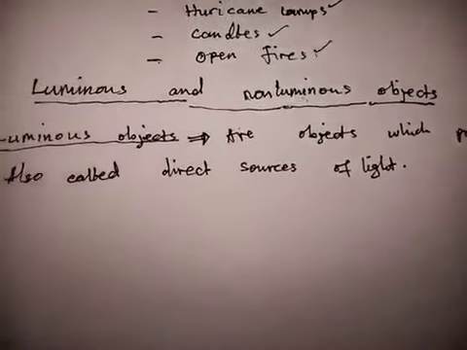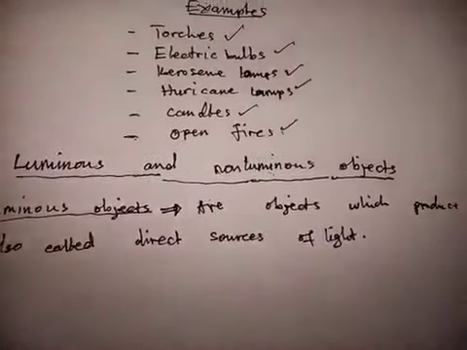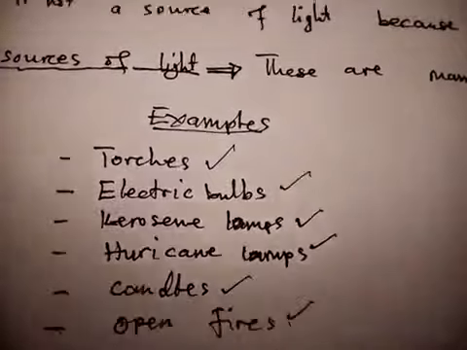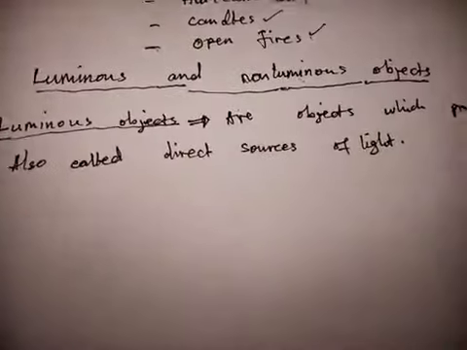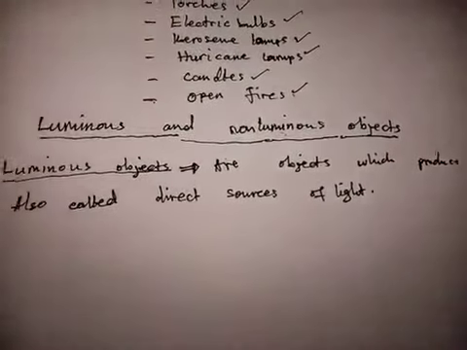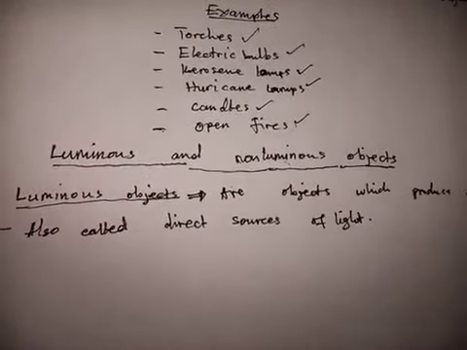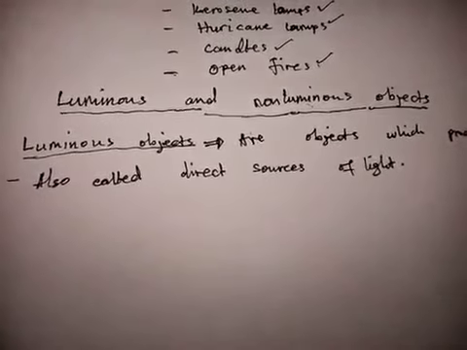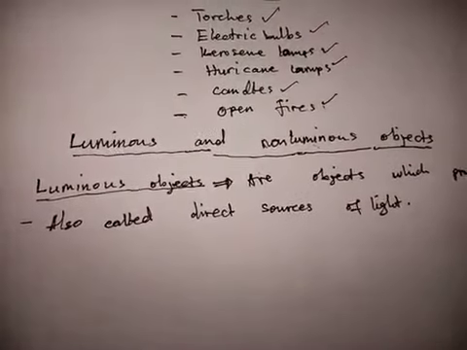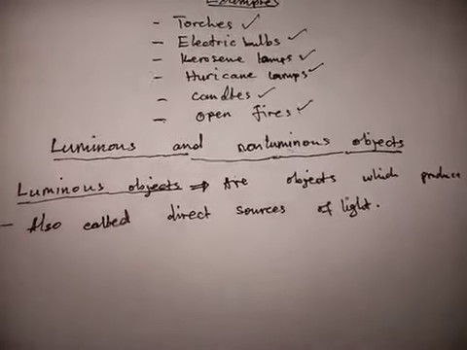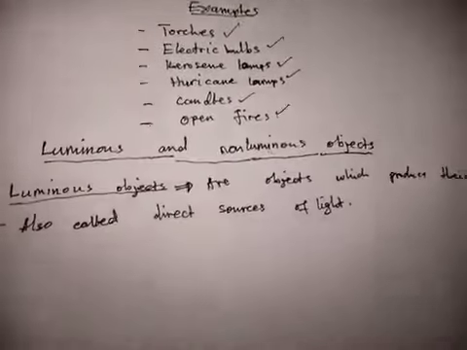If you look at artificial sources of light and natural sources of light, all these sources produce their own light. So all artificial and natural sources of light are luminous objects because they produce their own light. So when you are asked to give examples of luminous objects, you either give artificial sources of light or natural sources of light.